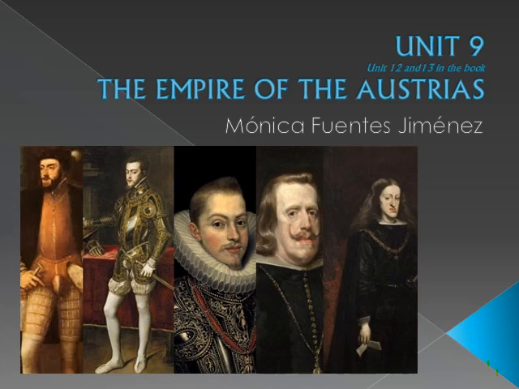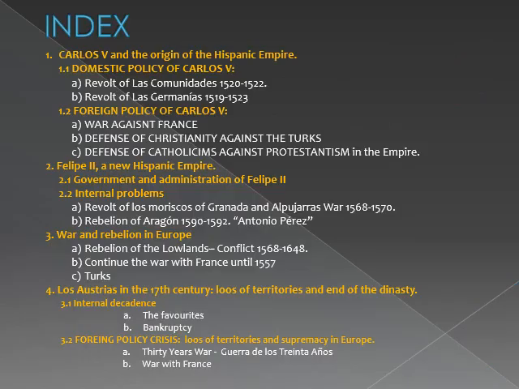It's dedicated, as I said, to the Austrias, la dinastía de los Austrias, también conocida como la dinastía de los Habsburgo. You have here all the main characters, all the kings we are going to study in this unit. This is the index we are going to follow.